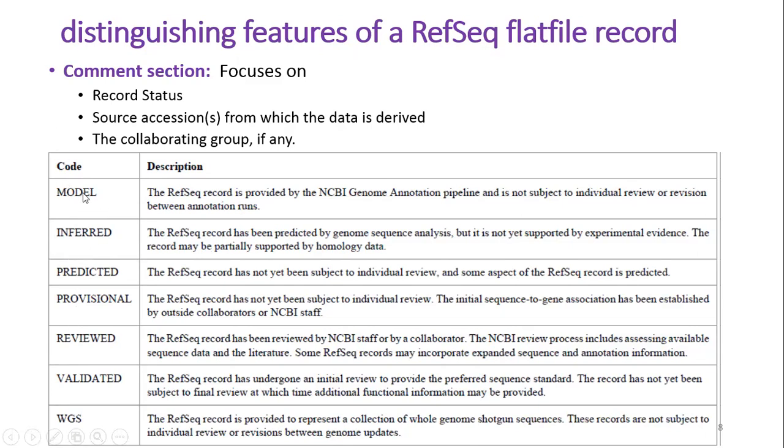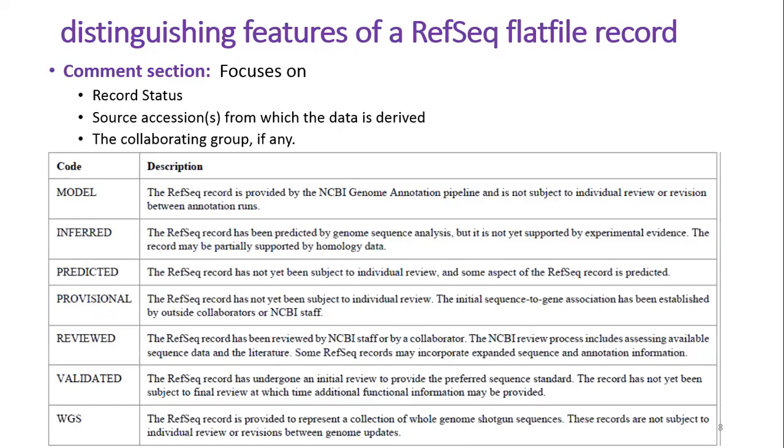What do we mean when we say that the reference sequence flat file record has a model status? What does it mean when the record has a reviewed status? A record attains reviewed status when it is reviewed by NCBI staff or by a collaborator.